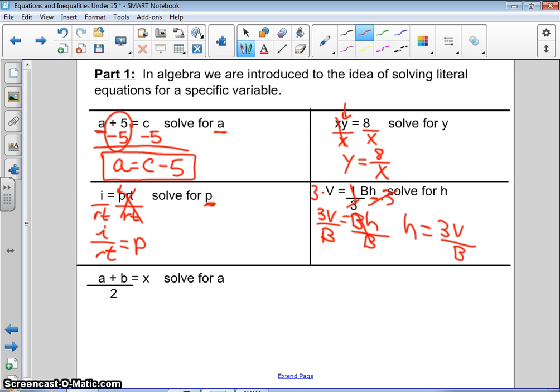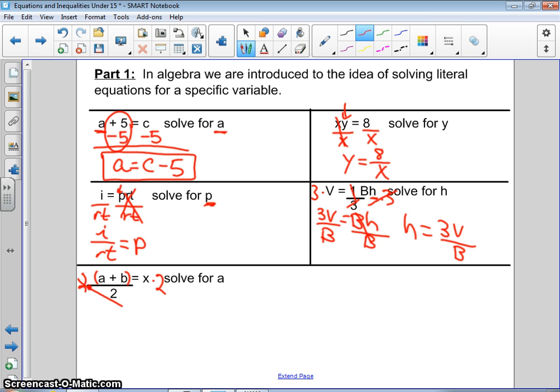And finally, the last one, which was on the SOL test a couple years ago, we're going to solve for A. Well, A plus B is on top of the fraction together. So for all intents and purposes, these two numbers are grouped together. So the first thing we're going to have to do is multiply by 2 to get rid of that fraction. So we're going to multiply this side by 2 and this side by 2.